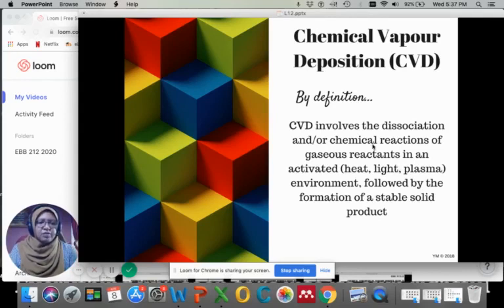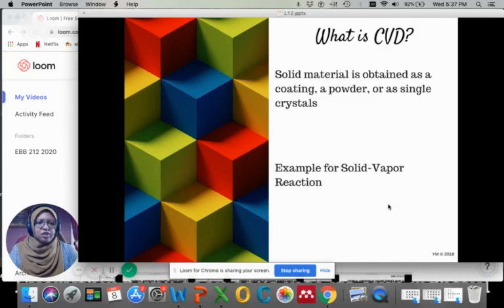Okay, so what you need to understand here, CVD involves chemical reaction of gaseous reactants in an activated environment. This activated environment can either be heat, light, or plasma. As a result of these chemical reactions, it will form a stable solid product which can be a coating or thin layer, a powder, or single crystal.